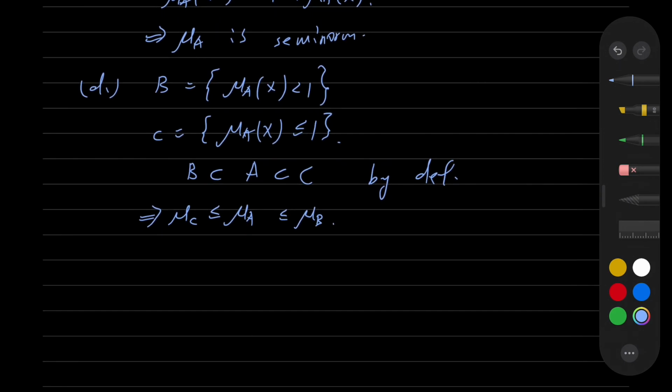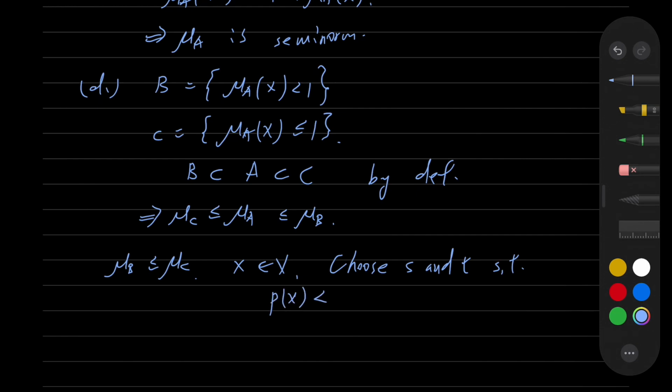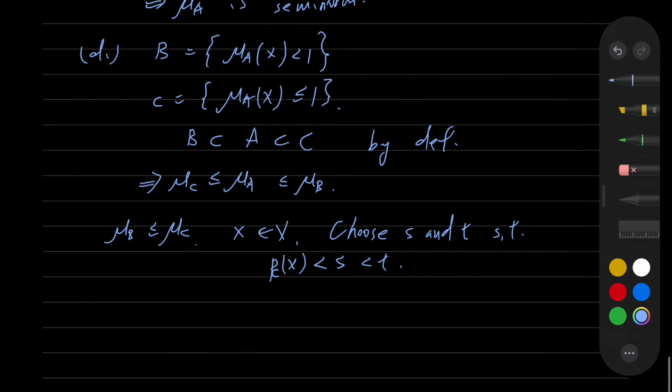So what we need to do to finish the proof is show mu B is smaller than or equal to mu C. So what we do is we fix a point x in the space and we choose s and t such that mu C of x is smaller than s smaller than t.